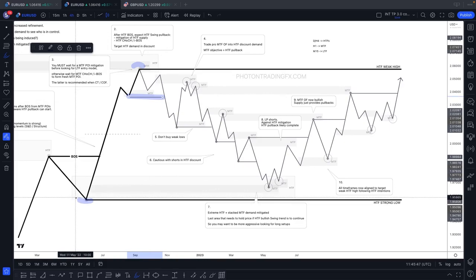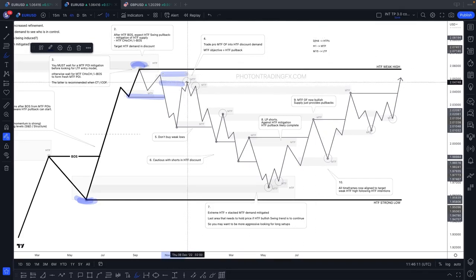I expect a pullback of this H4 leg. After the H1 gives you a change of character, I look for possible pullbacks. So I draw my POIs, like Matt said here, on the medium time frame, which is H1.